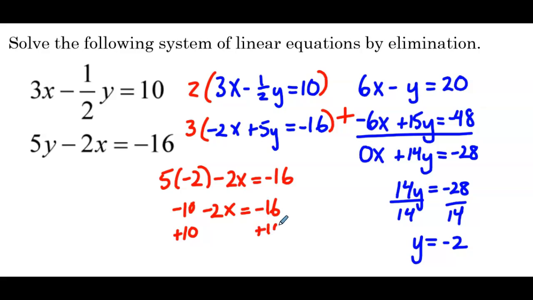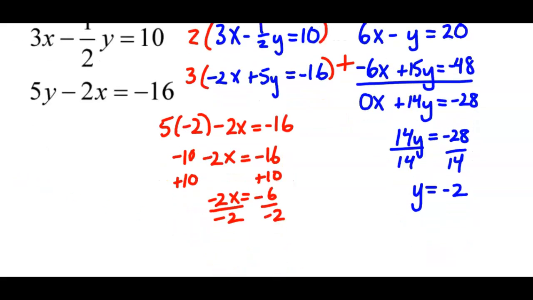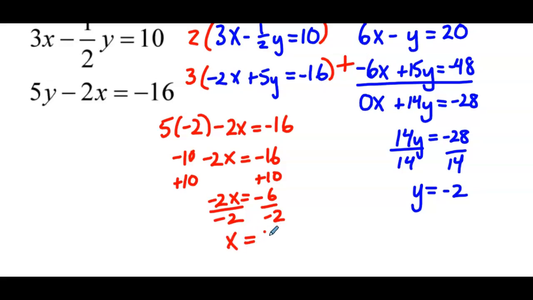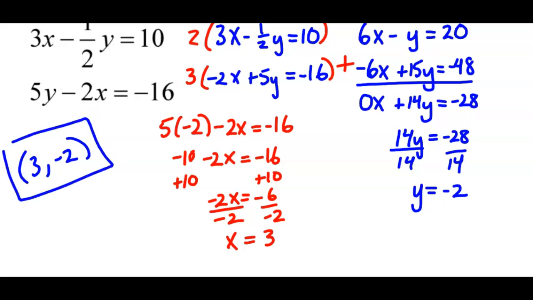Add 10 on both sides. -2x equals -6. Divide both sides by -2. And we have x equals 3. So our point is 3, -2, which is the solution to this system of equations.